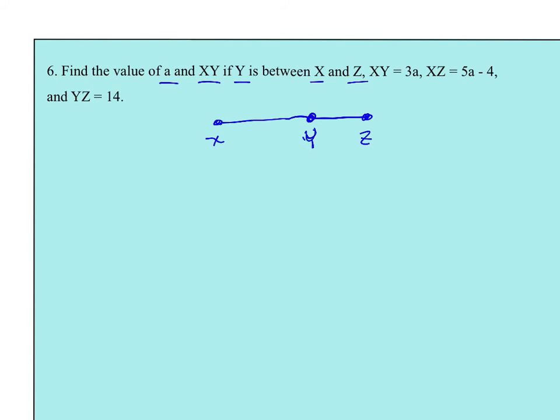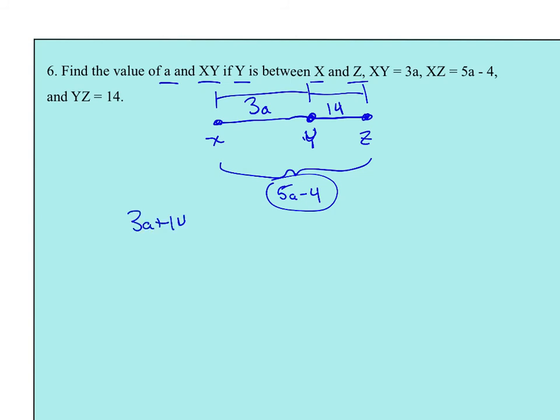They say that XZ, this whole thing, is 5A minus 4, and YZ is 14. Once again, these two things together add up to the total. So 3A plus 14 equals 5A minus 4.